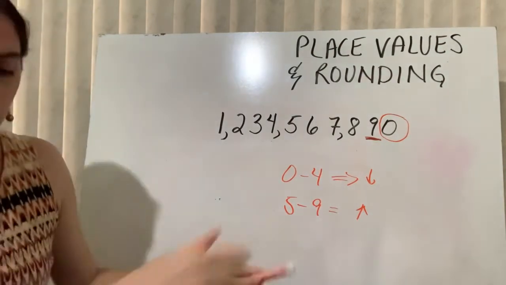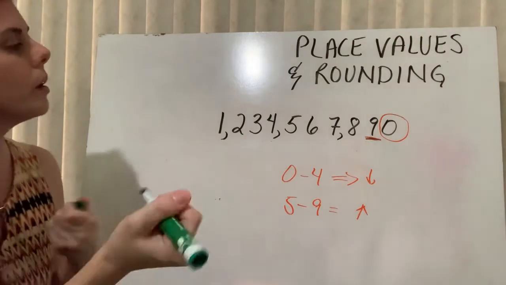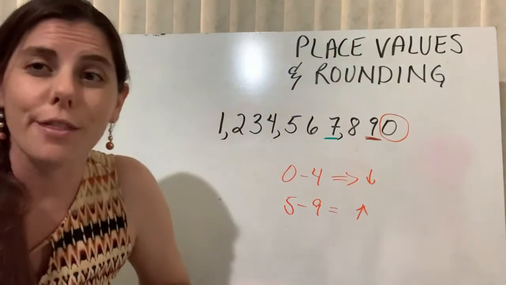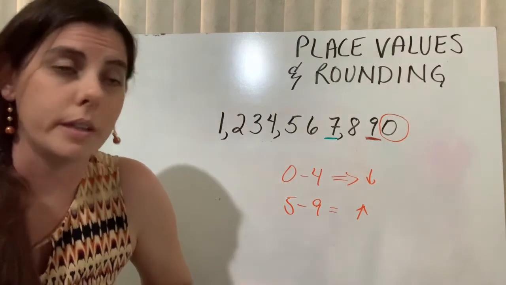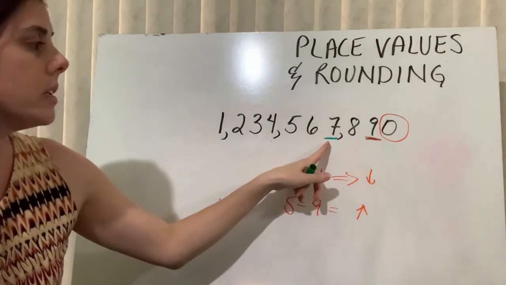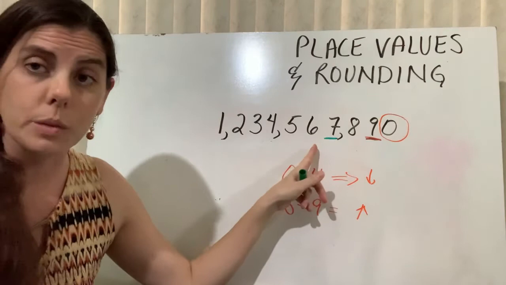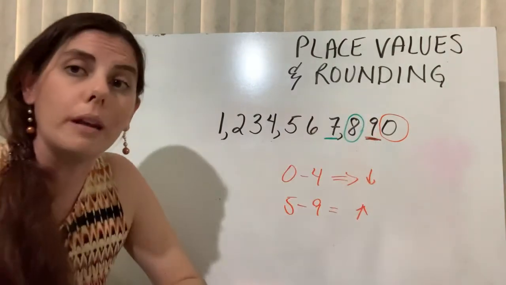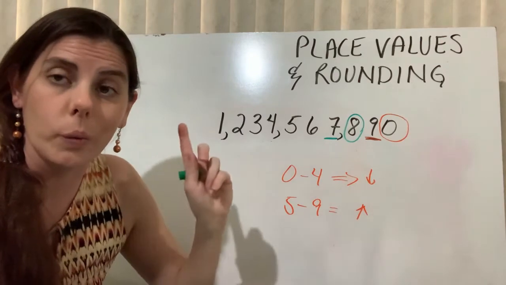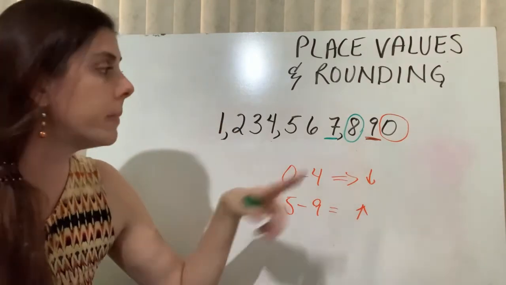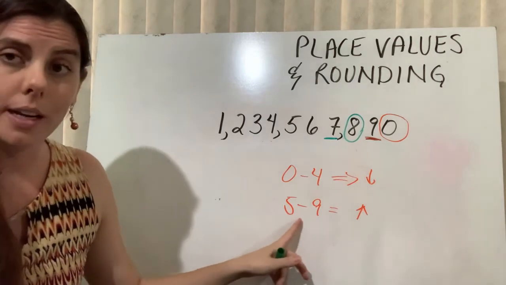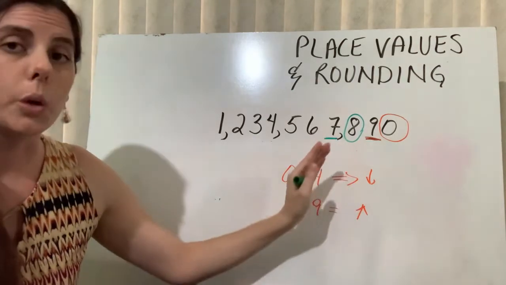All right, what if we want to round to the nearest thousands? That means we're going to look at the thousands place, which is a 7, but the number next to it is the number that helps us determine whether we're going up or staying the same. Since this is an 8, it falls in the 5 to 9 category, so we're going to go up.